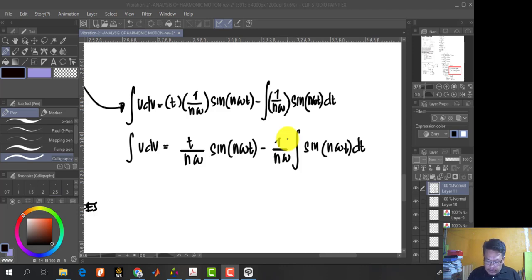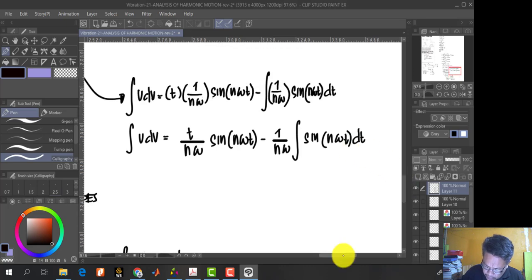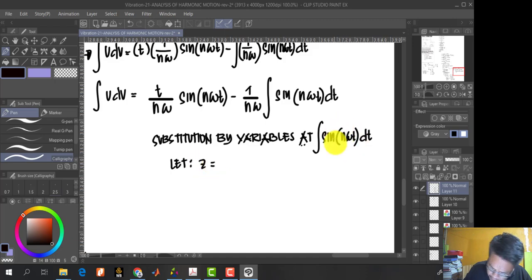So let me try to focus on this one now, so we can apply a change in variable on this one. So we have here substitution of variables. Again, what I'm going to do here is let z be equal to that value, so that will be n angular velocity times time.